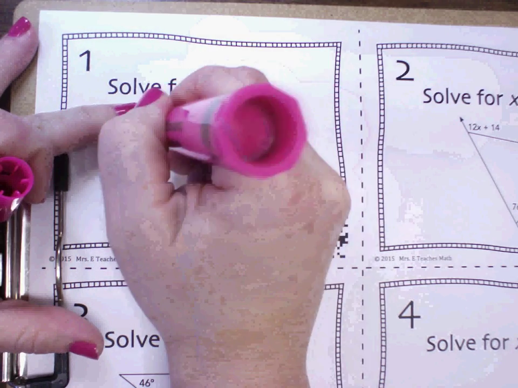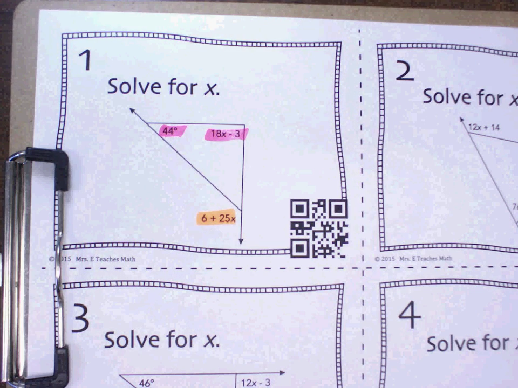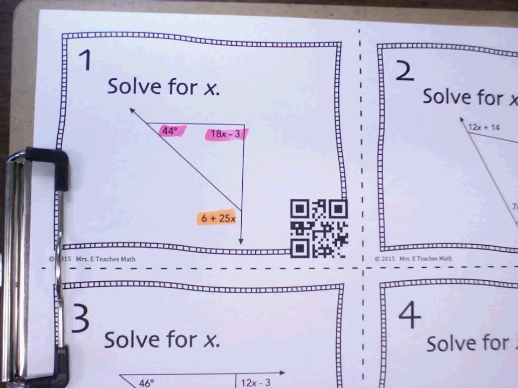Let's start with number one. Let's go ahead and highlight the outside one color, and then the two on the inside a different color.